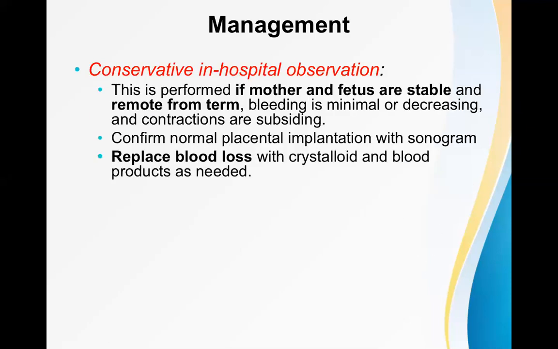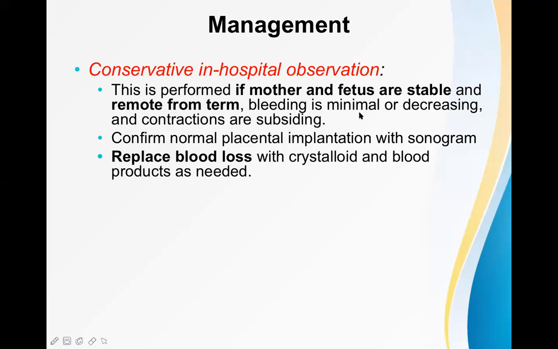Now, what is the conservative in-hospital observation we should do in abruptio placentae? Let's talk about it. This is performed if mother and fetus are stable and remote from the term. Now, what do you mean by this? There is no real danger to the life of the mother and fetus, and the baby is premature.